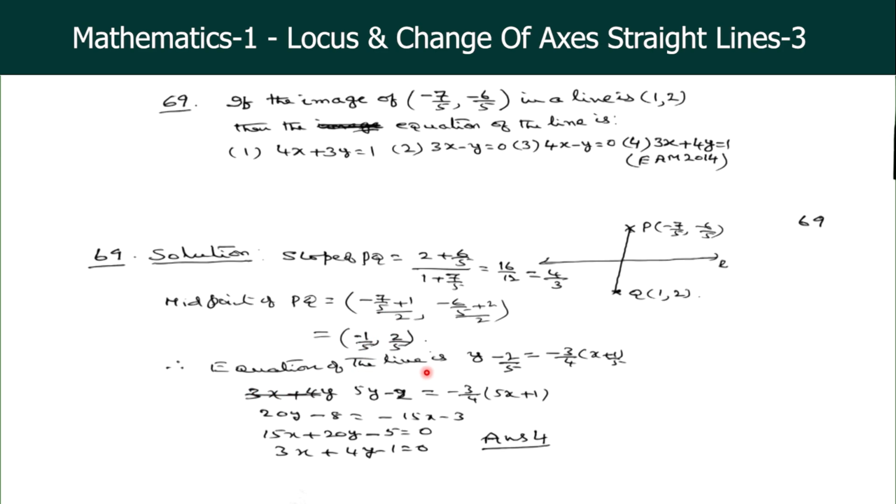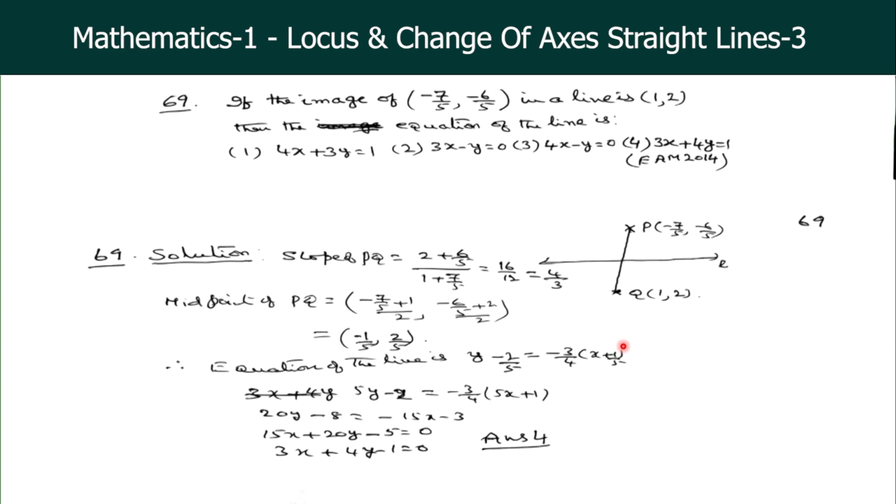So the equation of the line, with slope -3/4 and passing through the midpoint of PQ, (-1/5, 2/5), is y - 2/5 = -3/4 (x + 1/5).